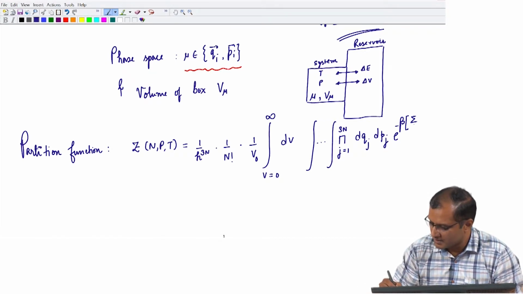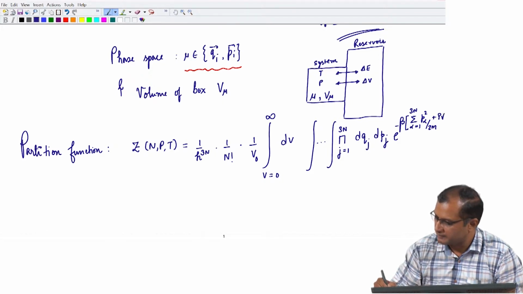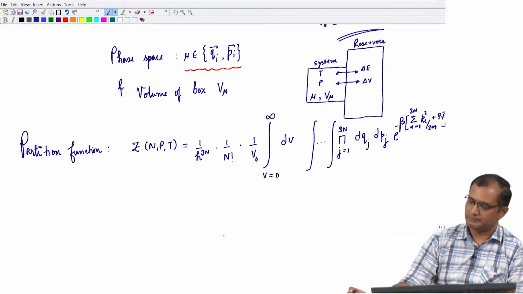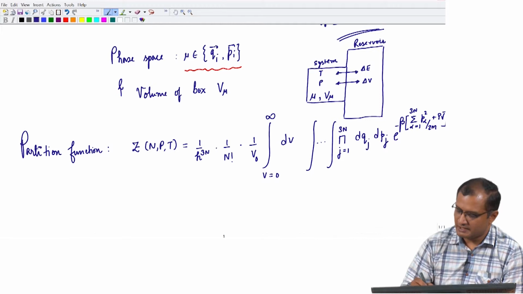So, I am going to use some new symbol, let me use alpha, which goes from 1 to 3n, p alpha square by 2m, plus pV. Okay. This V is the volume integral that we are going to perform.